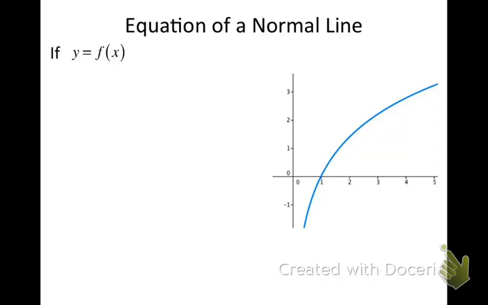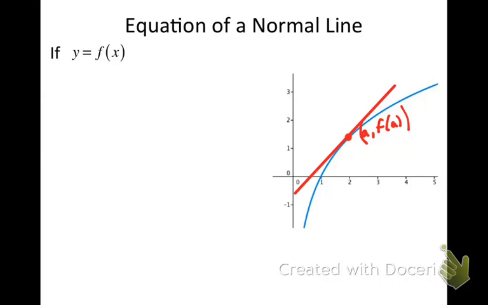So it's relevant when you're talking about a normal line to talk about a point of tangency like we were doing before. Let's pretend that point right there is a point of tangency, and that this is a tangent line. We'll say that the coordinates of that point of tangency are a, comma, f of a, just like they were in the previous video.